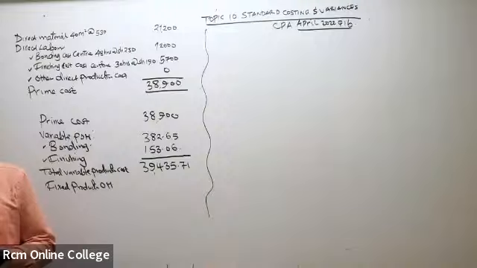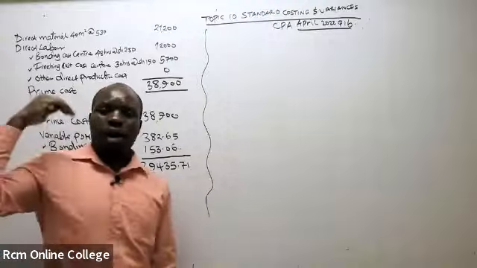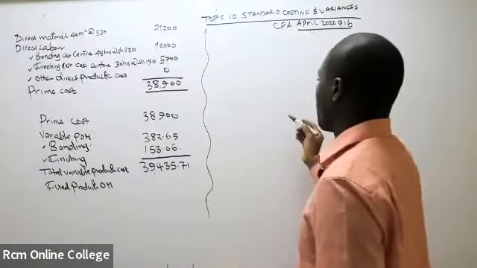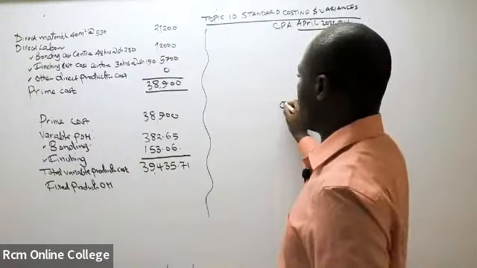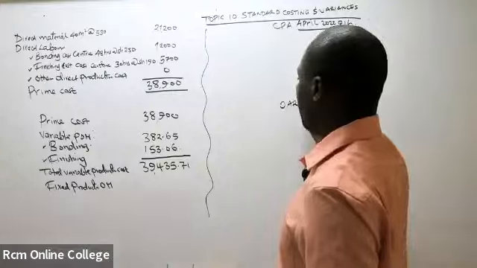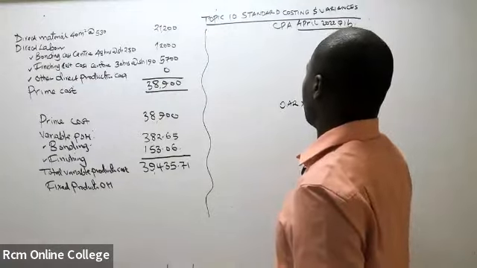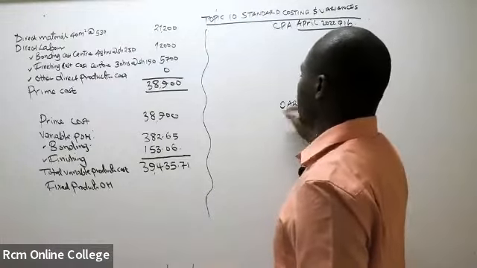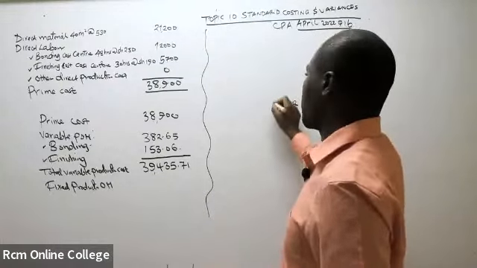We aren't using the 500,000 anywhere. The 500,000, if you are to get cost per hour, if you are to get overhead absorption rate, then you multiply by actual activity level. If you talk about overheads absorbed, then you have to go this route.